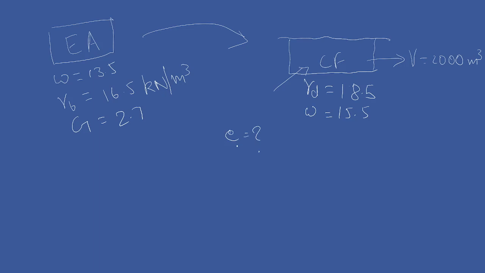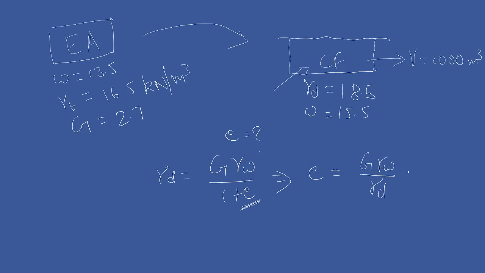Since gamma dry is given, we know from the relation that gamma dry equals G gamma W upon 1 plus E. So basically we need to focus upon E. If you bring the gamma dry to the bottom, you can calculate the void ratio.